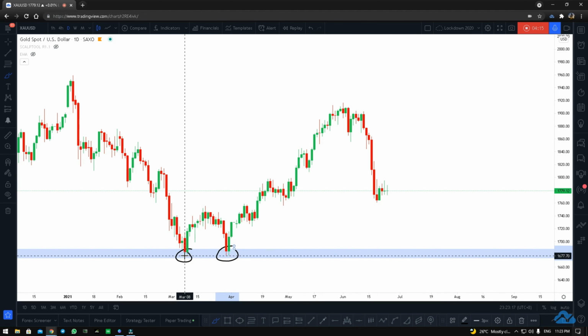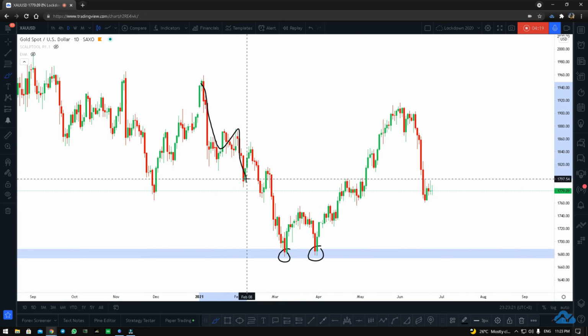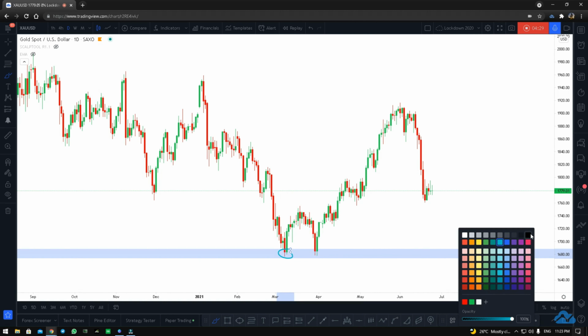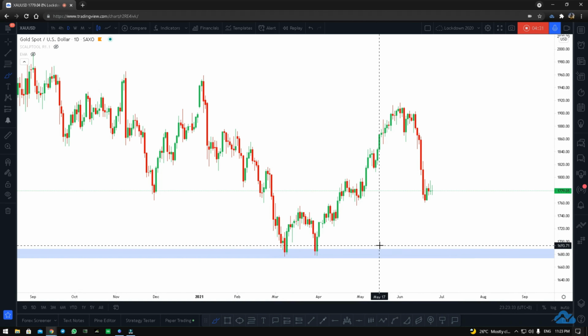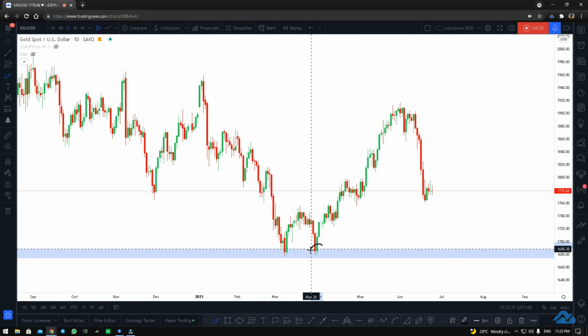The market came from a very big push to the downside, hit what we call a bottom or a brick wall, and once the market created this double bottom, it turned into a very strong area of support, and after that created this nice big bullish rally.